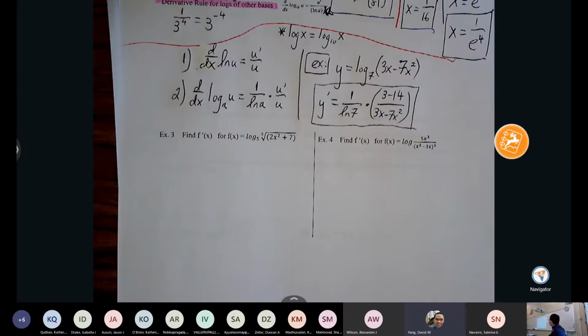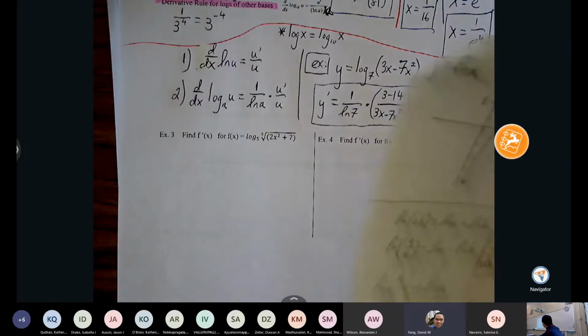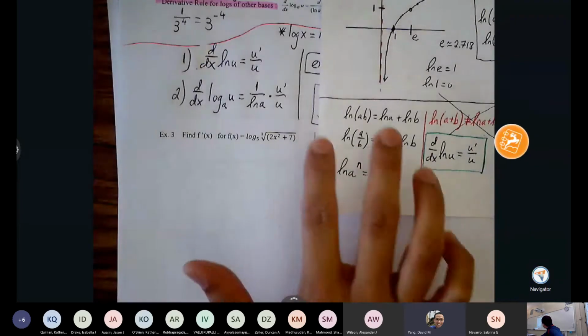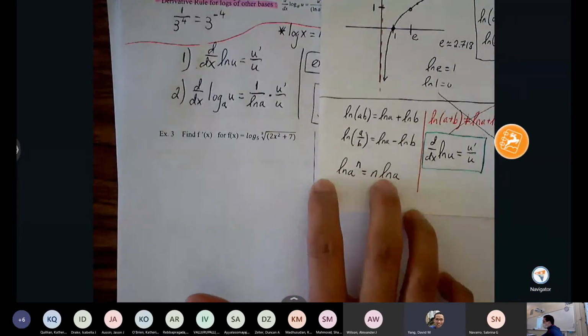So example 3 and 4 and other examples that we're going to see, we're going to expand first, if we can, before we do our derivative rule.